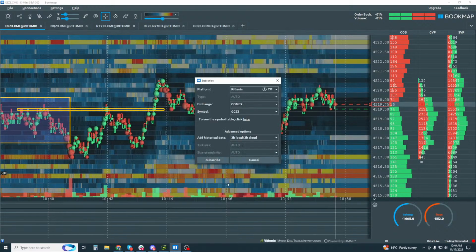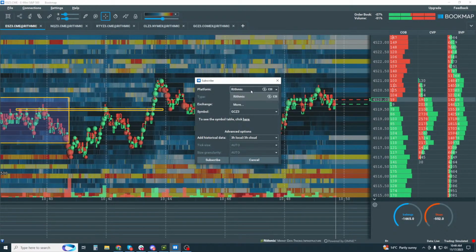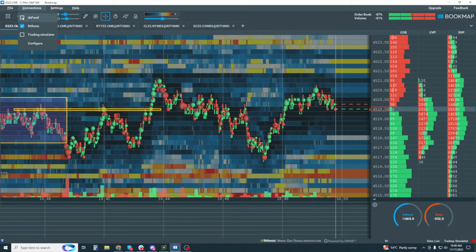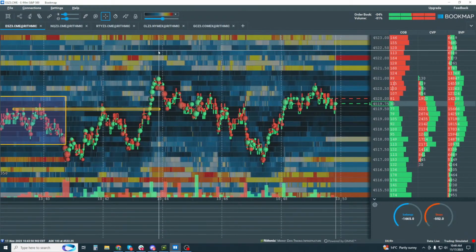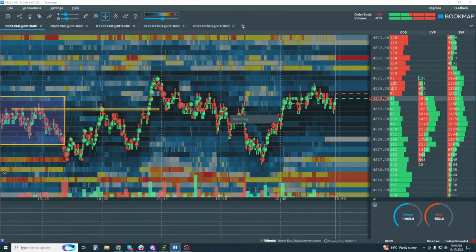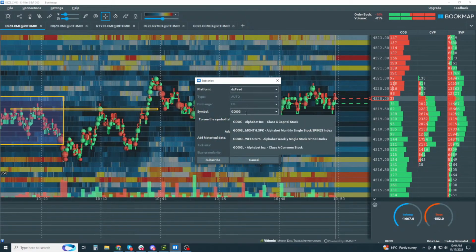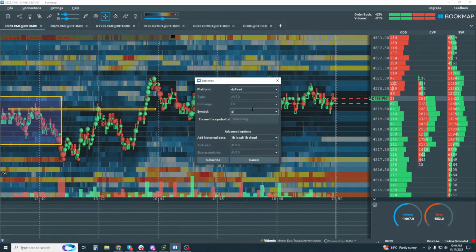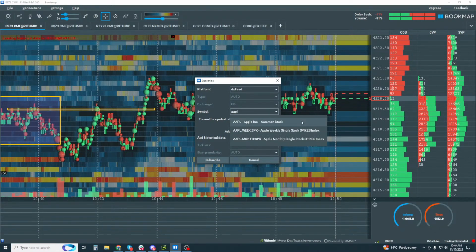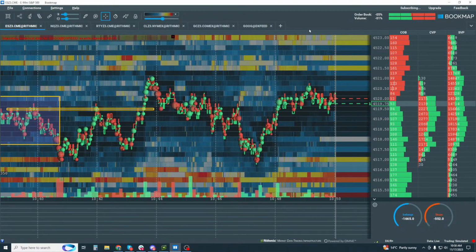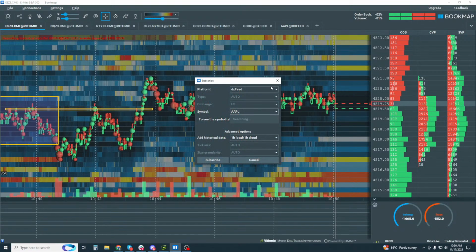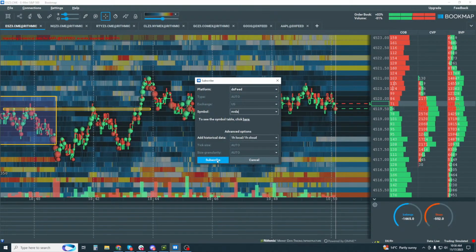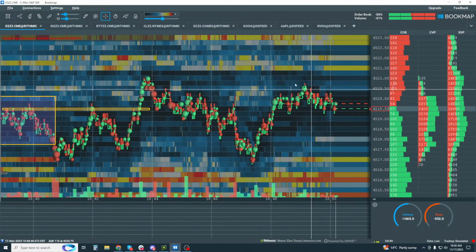I need to come up and select it now, DX feed, and then let's add a few stocks. Google's one of them. Apple. NVIDIA. You get the idea.